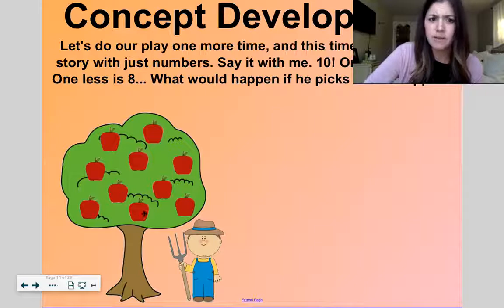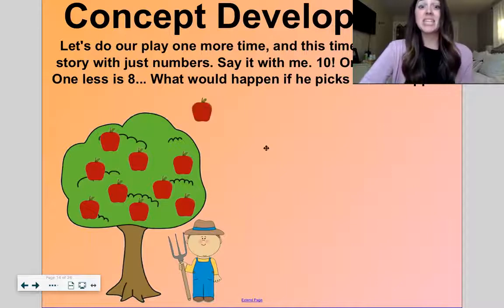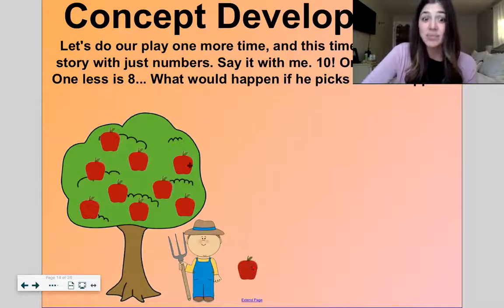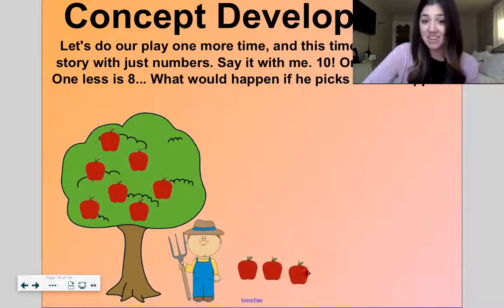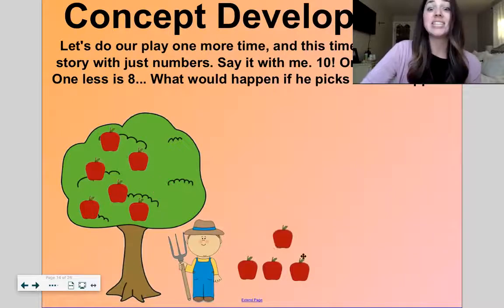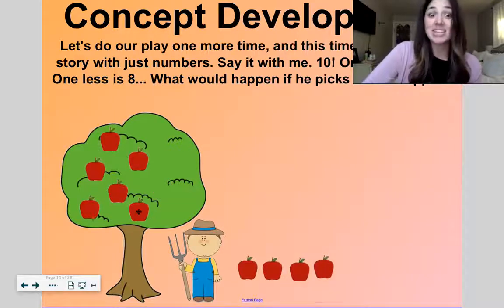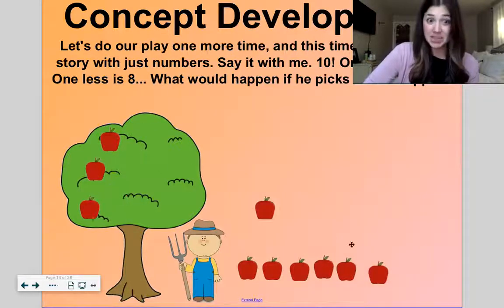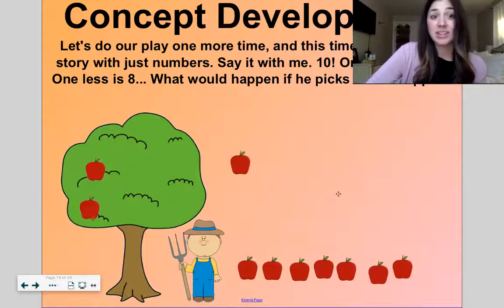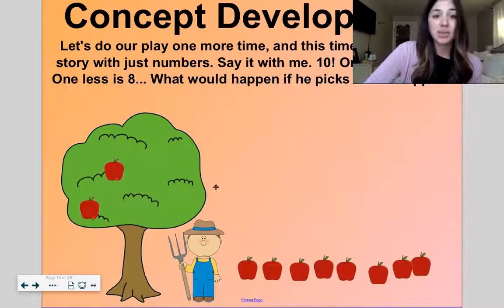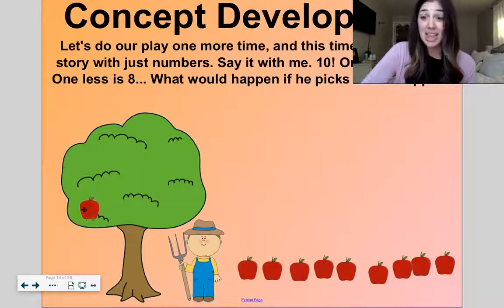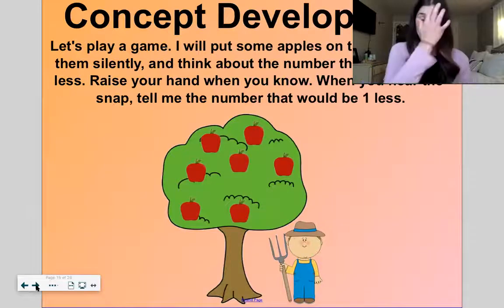Count with me. 10, 1 less is 9. 9, 1 less is 8. 8, 1 less is 7. 7, 1 less is 6. 6, 1 less is 5. 5, 1 less is 4. 4, 1 less is 3. 3, 1 less is 2. 2, 1 less is 1. And then what happens if he picks the last apple? He has 0 left.